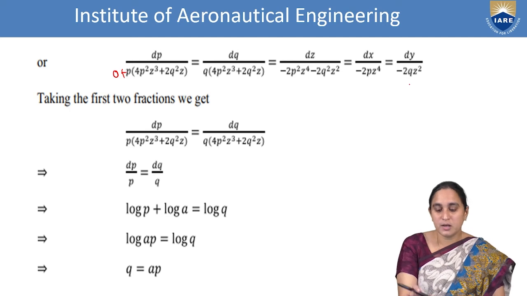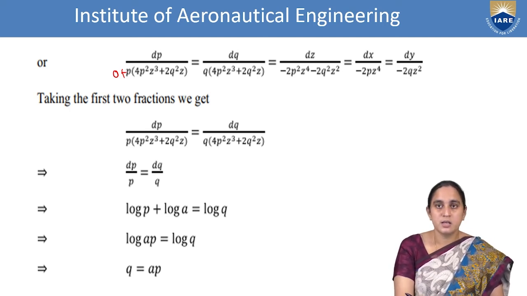Okay, now from the auxiliary equations I'll take the first two fractions. From the first two fractions only, I can get either p or q. That's why I'll take the first two fractions from the auxiliary equation.